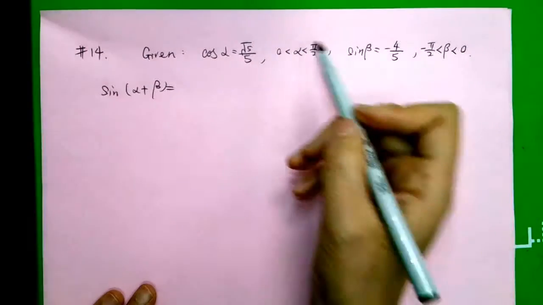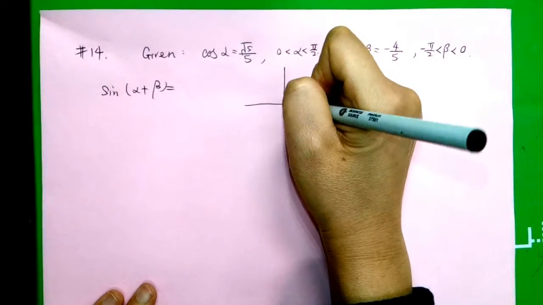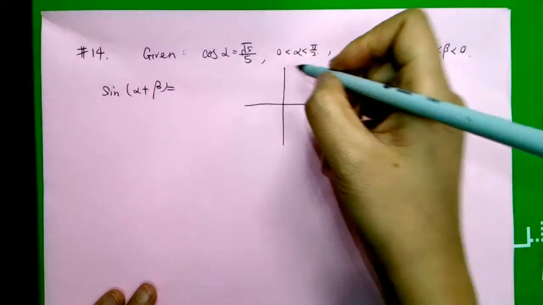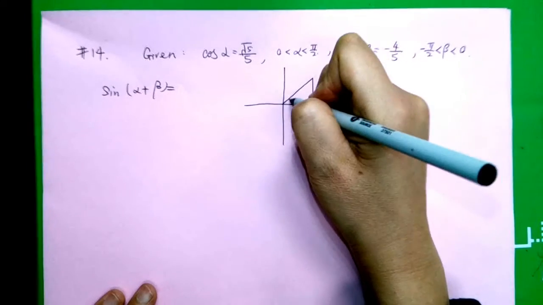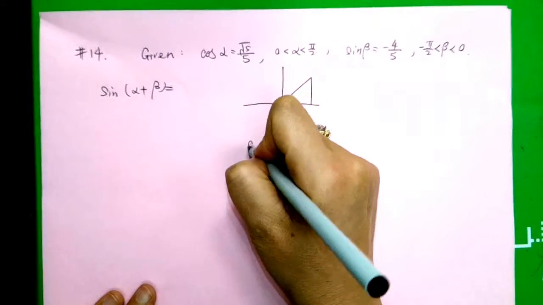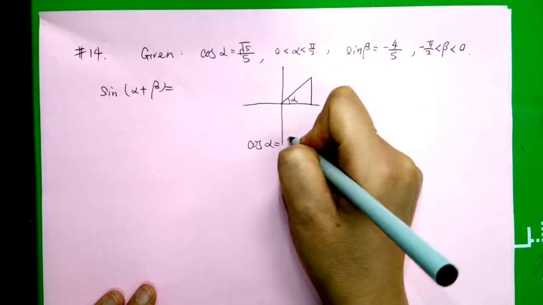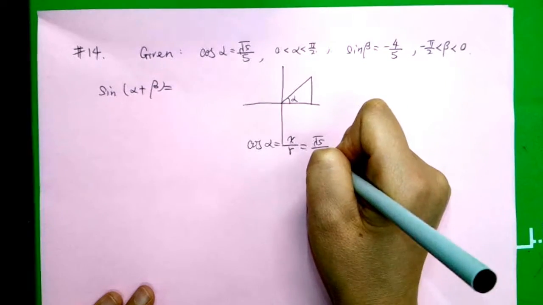All right, alpha is between 0 and pi over 2. First the quadrant. So you're going to label your triangle alpha first. Cosine equals x over r equals the square root of 5 over 5.